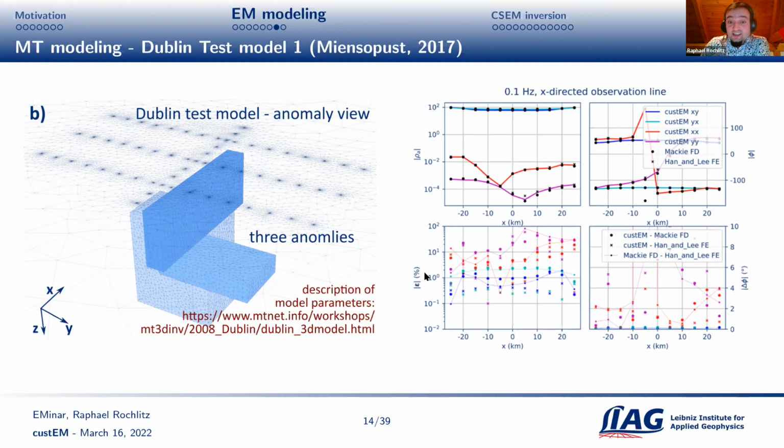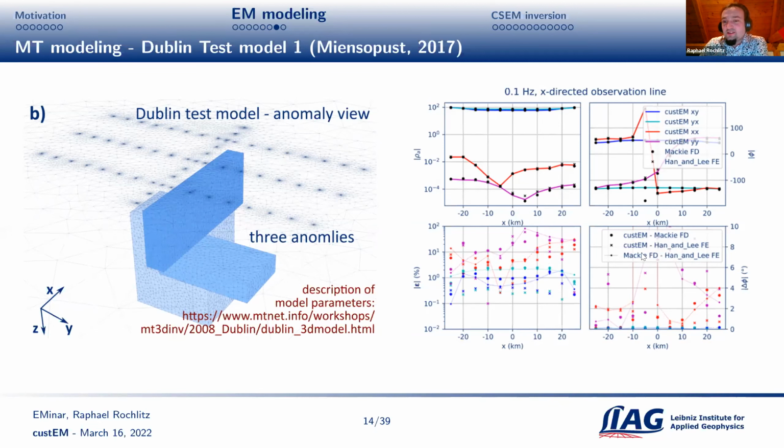And what we see if we look at the errors down here, so errors for the apparent resistivities and errors for the phases, is that the custEM solutions are in a very similar misfit range as when the two other codes are compared with each other.